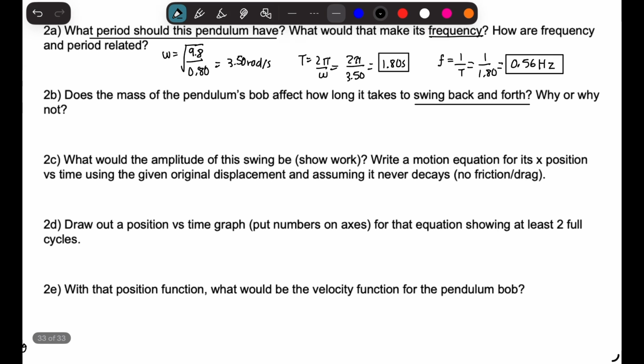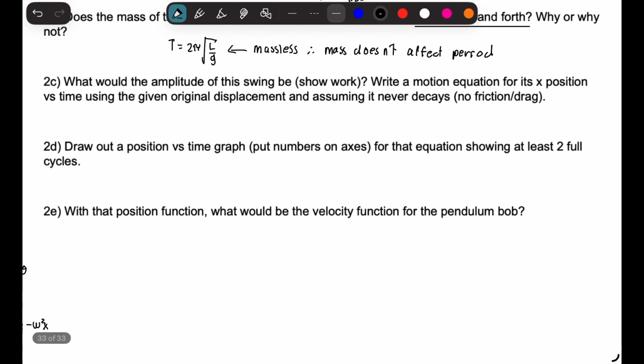For the mass, in your equation, you have T is equal to 2 pi times the root of L over g, and it does not have mass in the equation. Therefore, mass does not affect period.